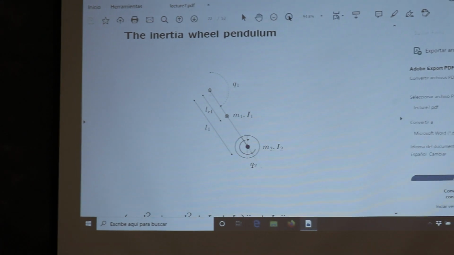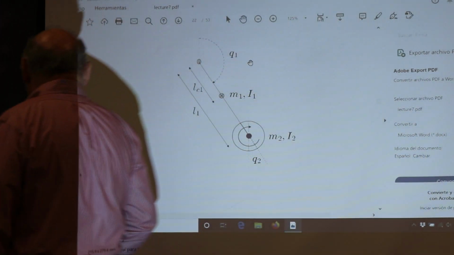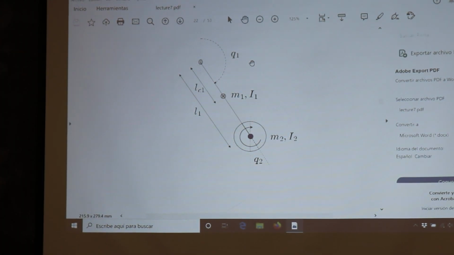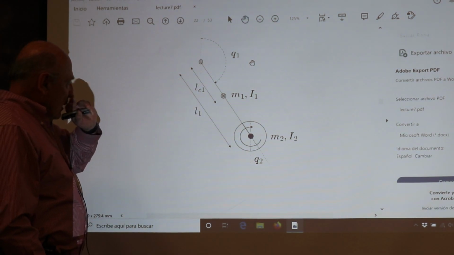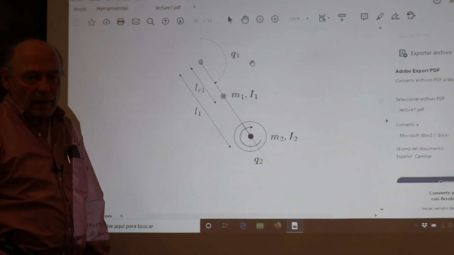So that's another example that was brought to attention, I believe, the first time by Mark Spong. It turns out that in the streets of a big city in India, I don't know if Bombay or something like that, people in the streets were selling this little toy.